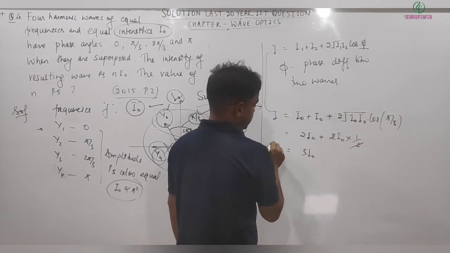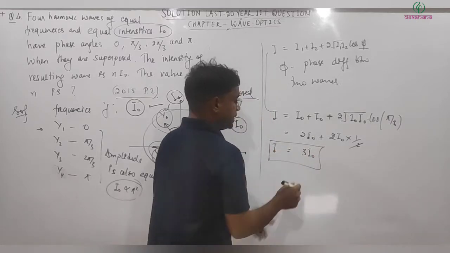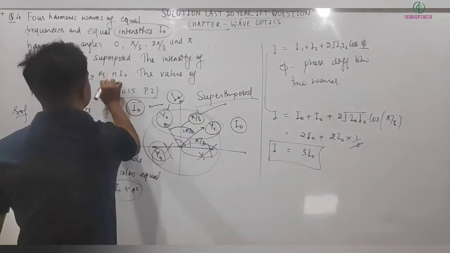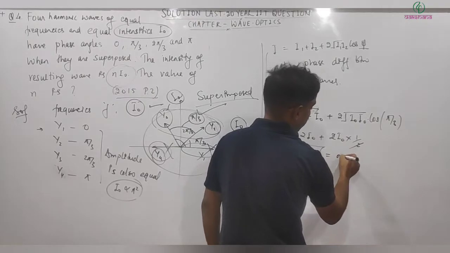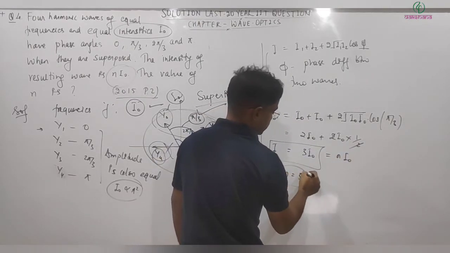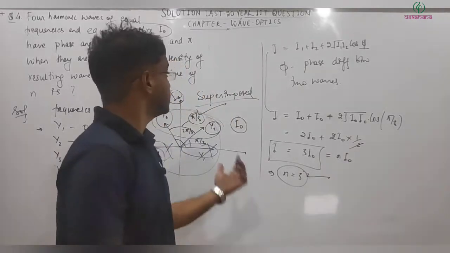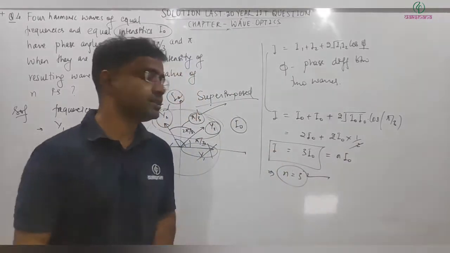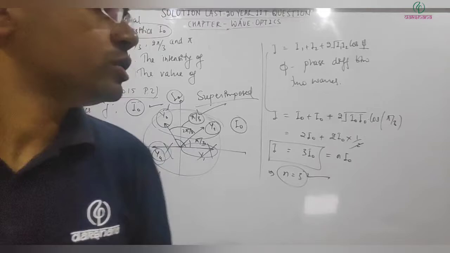So intensity is coming out to be 3I0. Comparing this result with the expression equal to nI0, the value of n is coming out to be 3. Now this is the answer to the problem, and you can see it's a simple, straightforward problem based on the superposition principle.